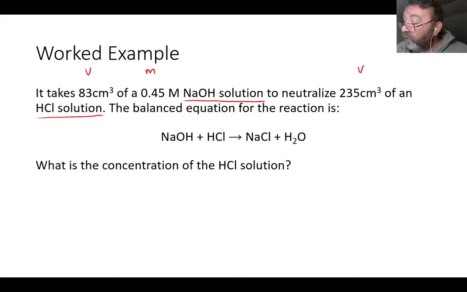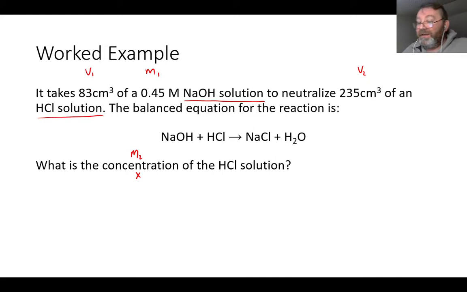Well, there's your volume of the second one, and they're asking me to work out the molarity or concentration of the second solution. So you've got your V1, M1, and your V2 and M2. The only one that is not known is the concentration of the HCl, which I'm going to call X. Volumes, please, in litres.